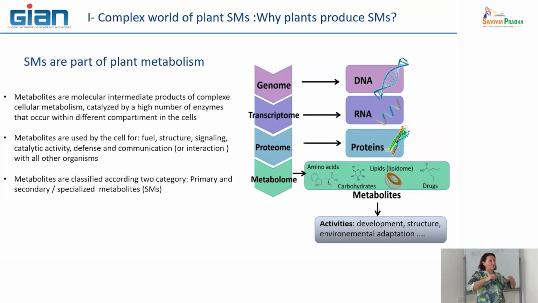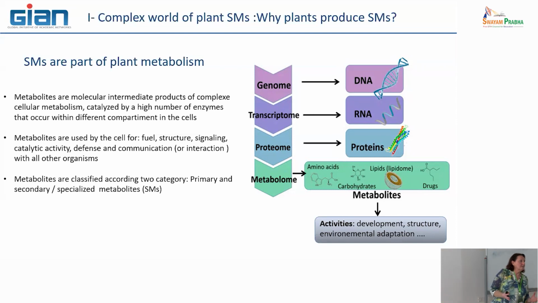It's like in a factory: you have different events, you need access to the first one, the second one and the third one, and you can't go to the end if something is missing in the middle. So the metabolic pathway needs to be completely coordinated at each step in order to be efficient in the cell.